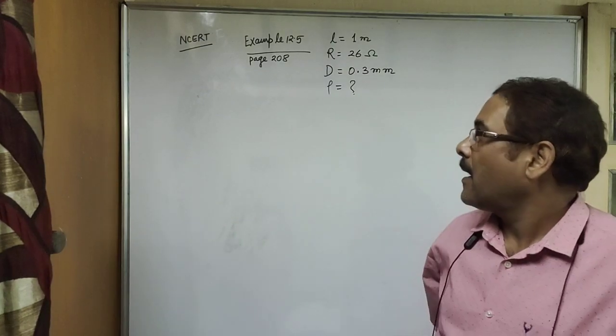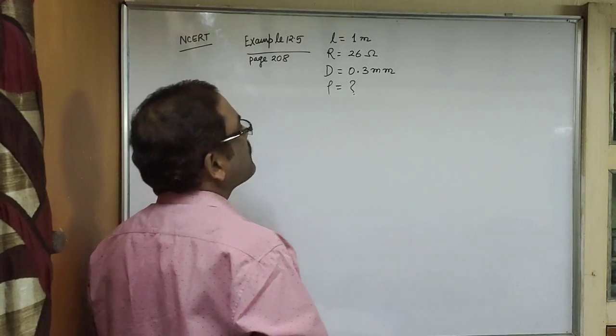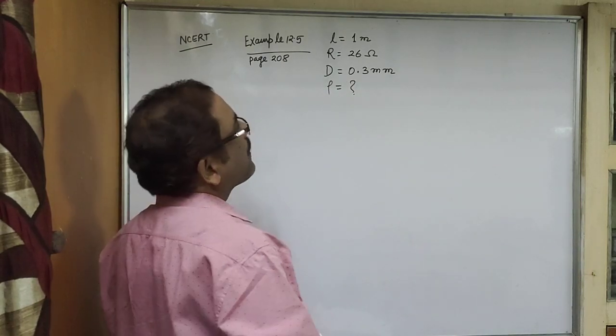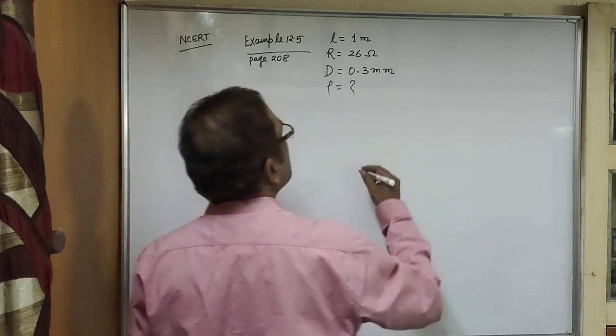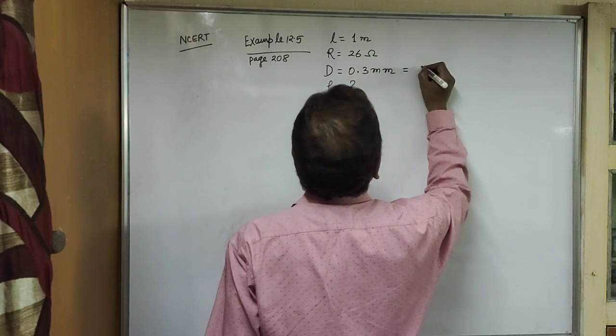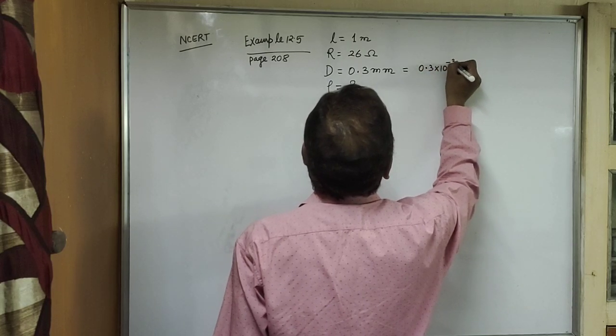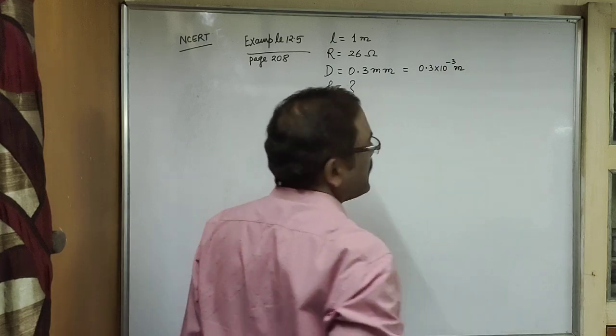So as we know, first we have to convert diameter into meter. It is given in millimeter. So it will be 0.3 into 10 to the power minus 3 meter.